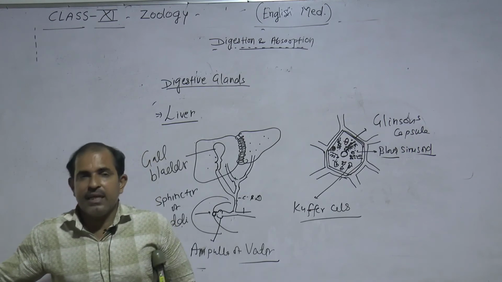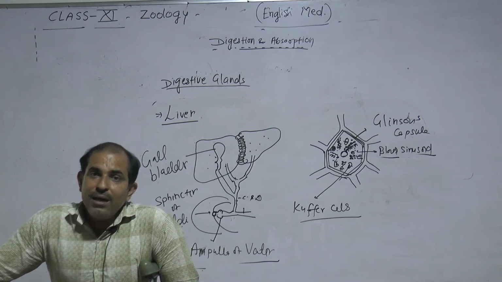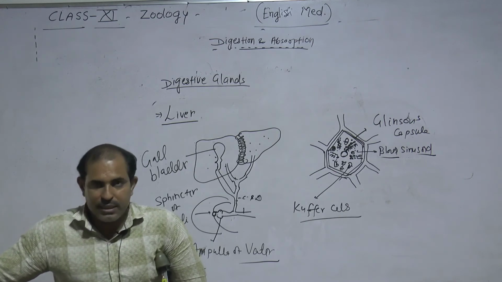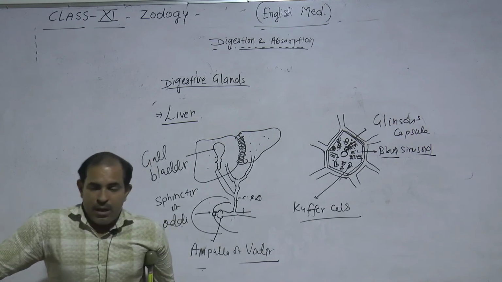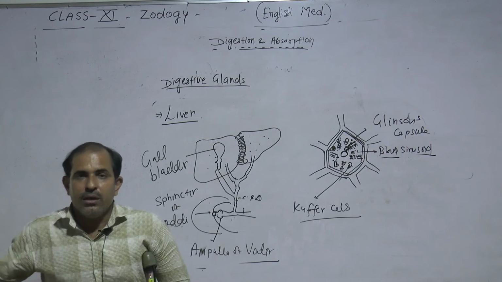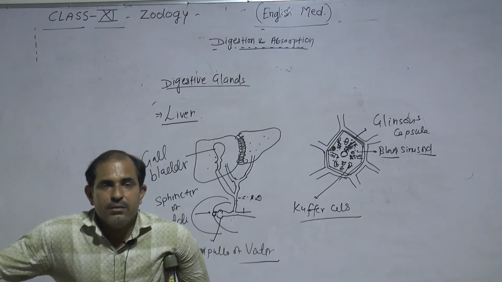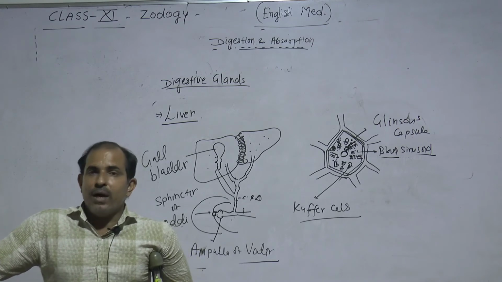Now the liver secretes bile juice. It means bile juice is secreted by the liver. And bile juice is a juice in which no enzyme is present.